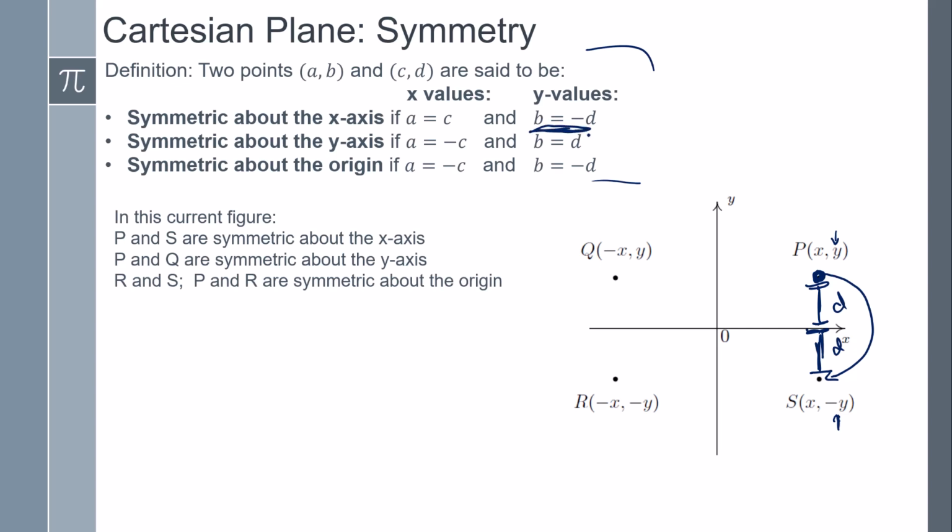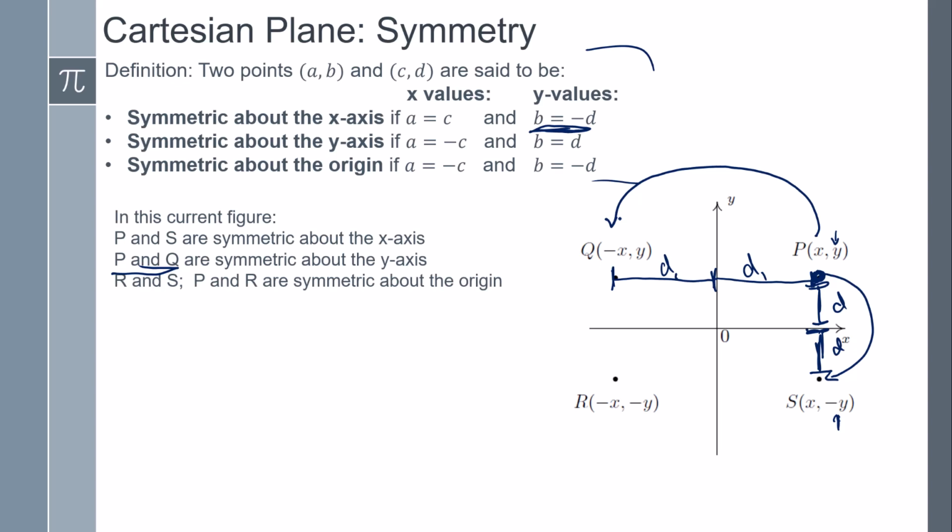And then we would say that it's symmetric about the y-axis, so P and Q are symmetric about the y-axis, and here it's this distance that's the same. The distance among those x values is the same, and it has that reflection, and it went from positive to negative, or think of it as that extra negative being added.